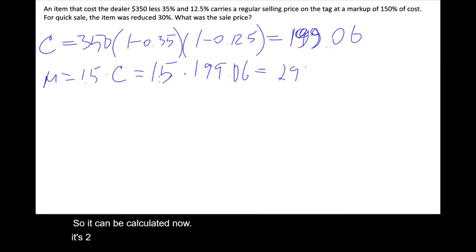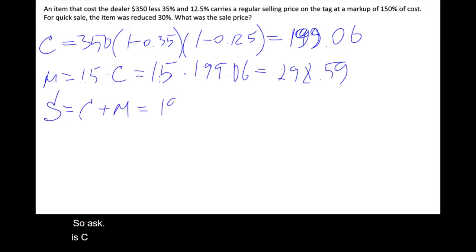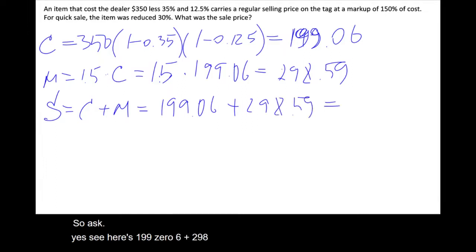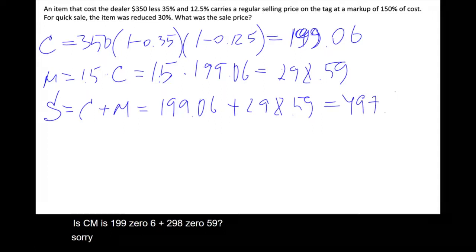That's 298.059. So S is C plus M, which is 199.06 plus 298.059, 497.65.